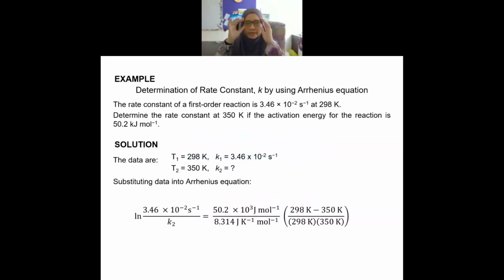Alright, let's look at an example of how to calculate using the formula just now. Determination of rate constant K by using the Arrhenius equation. The rate constant of a first order reaction is this at 298 Kelvin. Determine the rate constant at 350 K if the activation energy for the reaction is 50.2 kJ mol^-1. Do we use the one with a single temperature or this one?